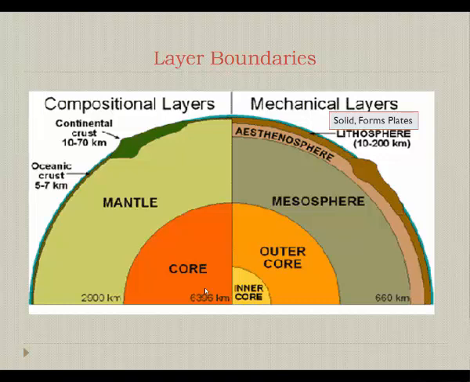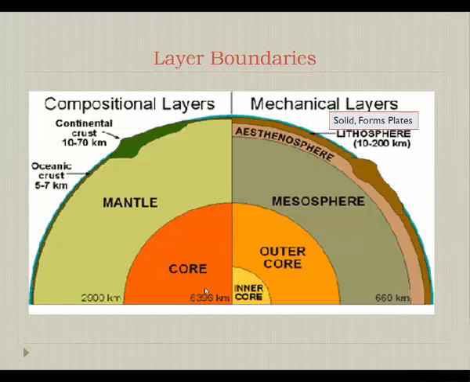Then below the lithosphere, there's a layer called the asthenosphere, and this is all made up of mantle material. Down below the surface, it's hotter than it is right where the Earth is exposed to the atmosphere. And at these hotter temperatures, the rock is very slightly melted, just about 2% melted.